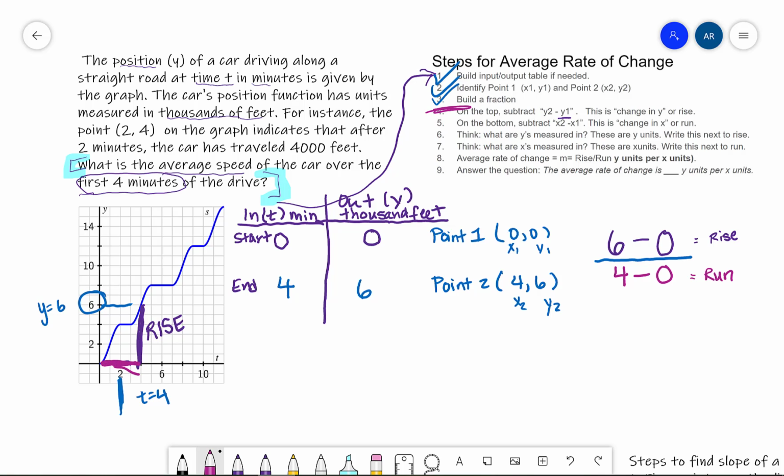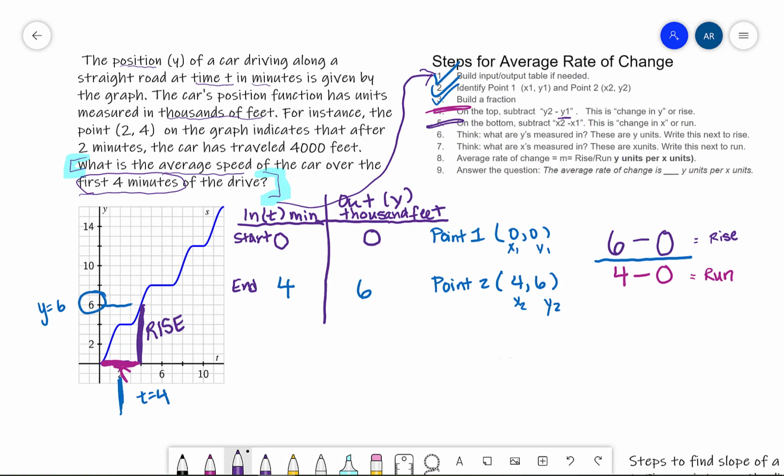If I go back and look at my graph, it's the length of that distance, the change in the x's. Now notice the graph doesn't have a straight line appearance, but we still have a rise and a run we can talk about. We just know that it's averaging out. It's not telling it exactly. So we've done that step.